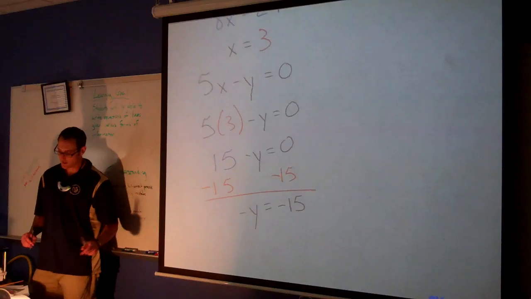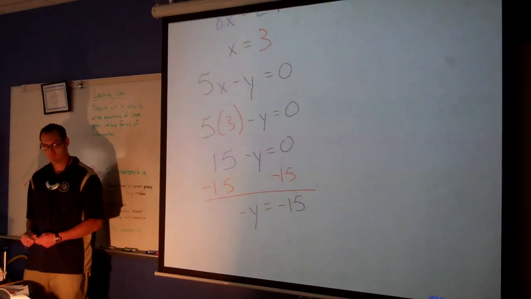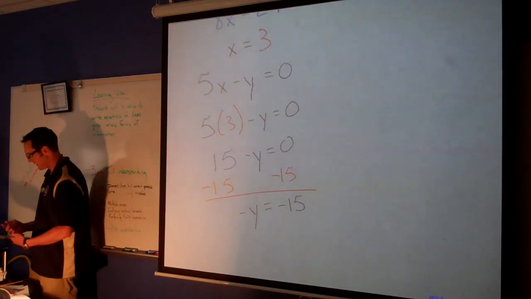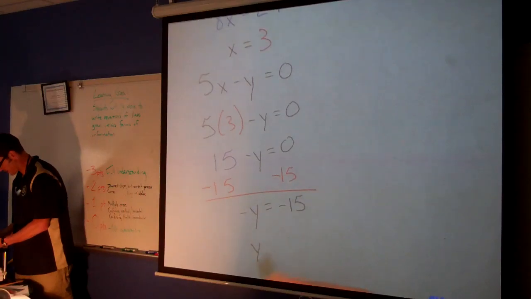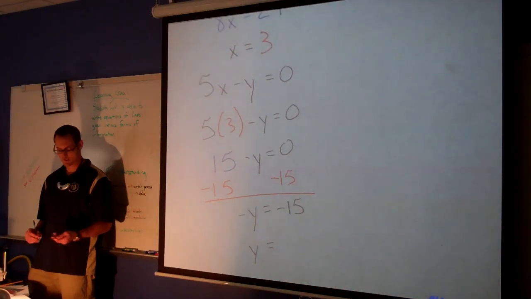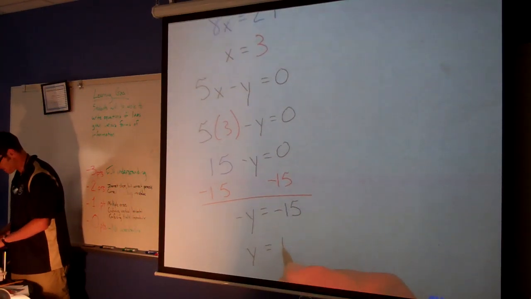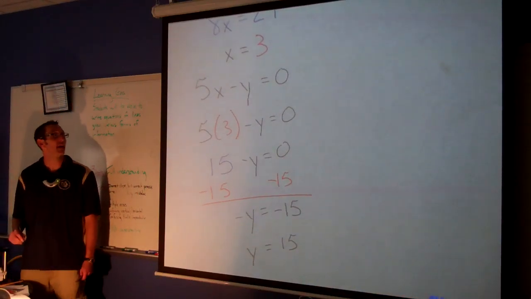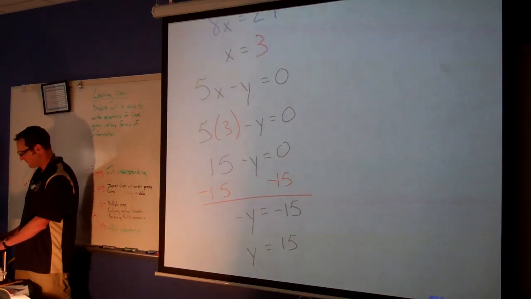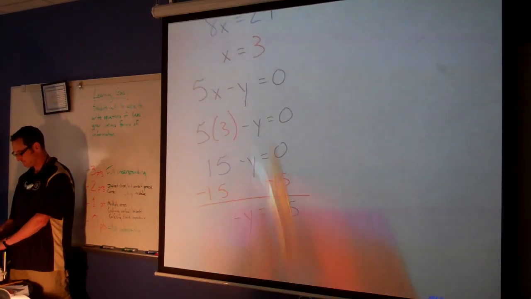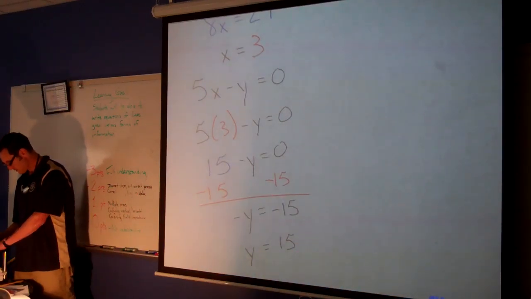And now I have negative y equals negative 15. If negative y equals negative 15, what would positive y equal? Positive y would be positive 15. So I have my x value at 3, my y value at 15. Ordered pair. That's where they cross.